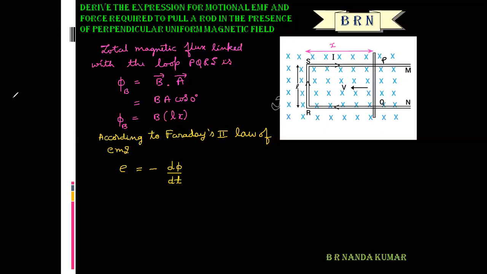According to Lenz's law, the mathematical expression for EMF induced in a coil or loop is E is equal to minus d phi by dt.